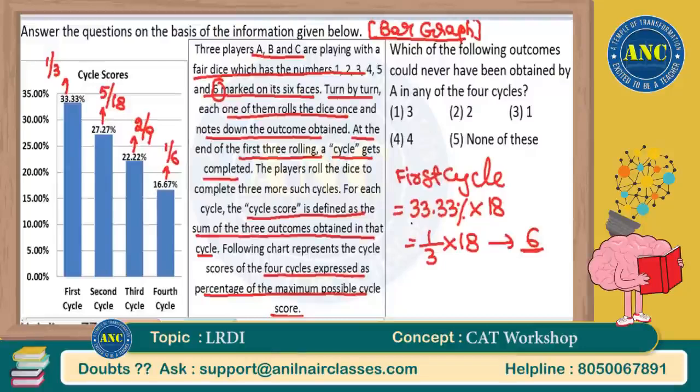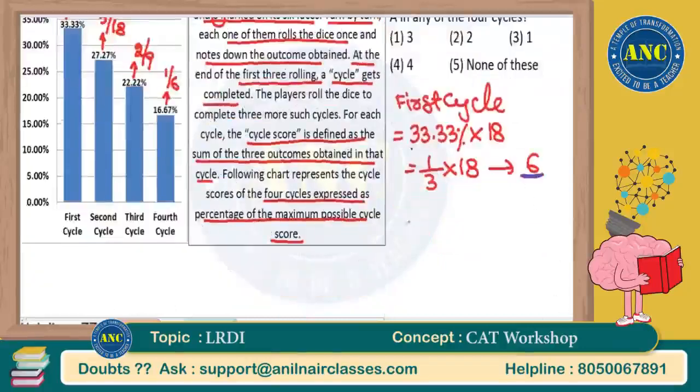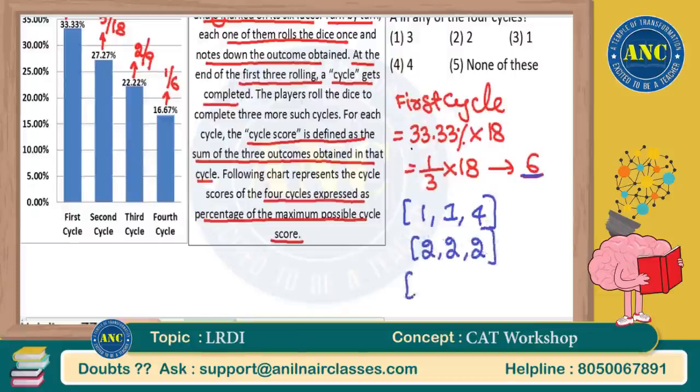So the first cycle value is 6. That first cycle can be obtained like this: A1, B1 and C4 are the combinations, or A2, B2 and C2. This is also a combination, or A2, B1 and C3 is also a combination.